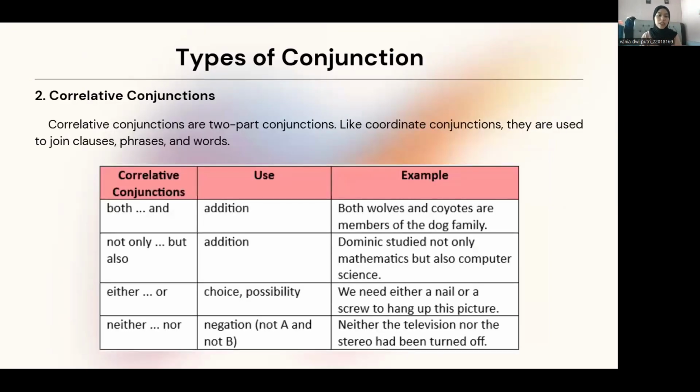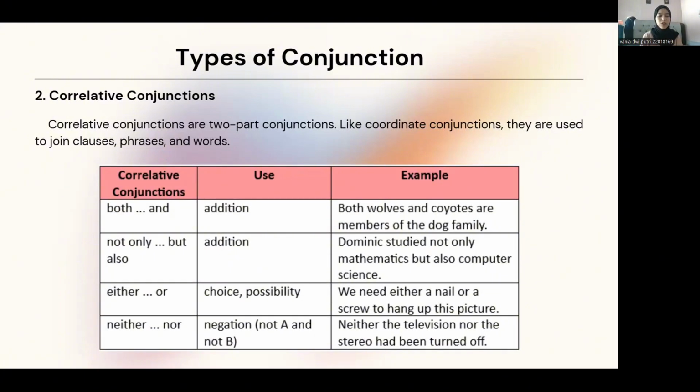Okay, it's the second type of conjunction. You can look at this chart. The first one is both A and B, and the use is addition. Example: both wolves and coyotes are members of the dog family. The second, also used for addition: not only A but also B. Example: Dominic studied not only mathematics but also computer science.